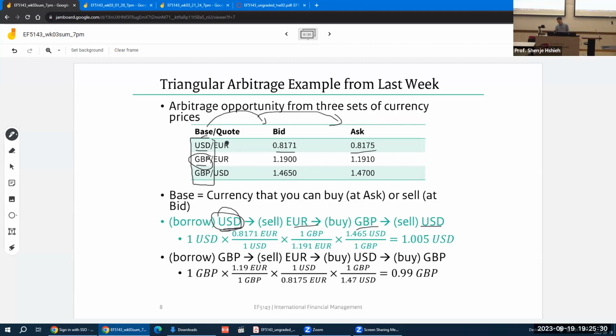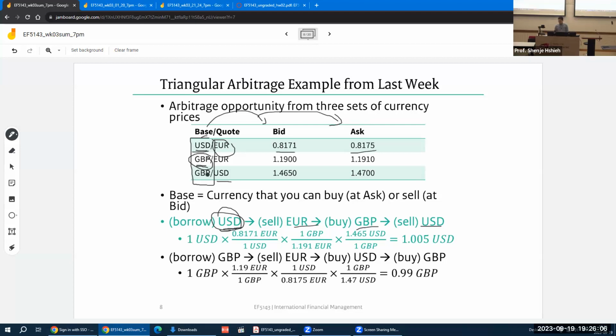Because I'm borrowing the base first, I'm going to try to borrow and sell it at a high price, right? So I go from USD to euro. I sell this for this, I have this now, I use this to buy GBP, and then sell this back to USD, right? All right, so that's one route.